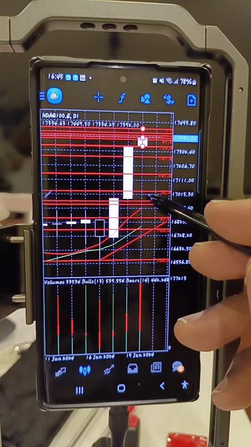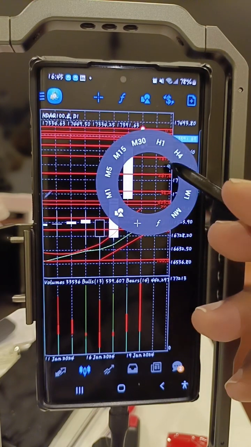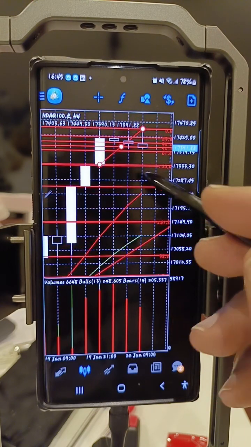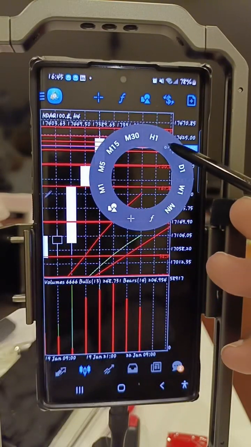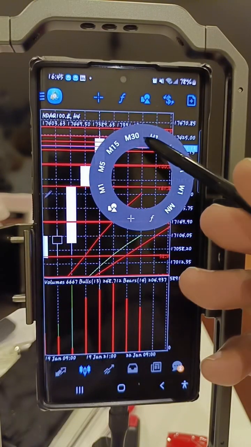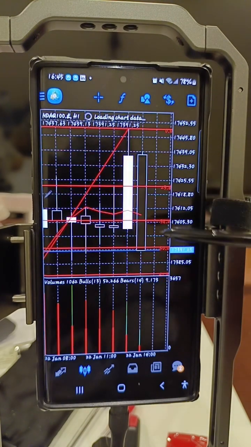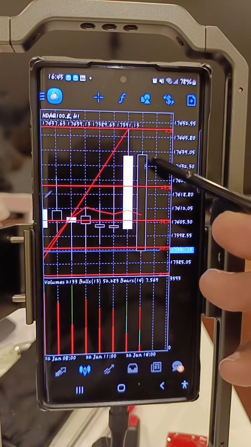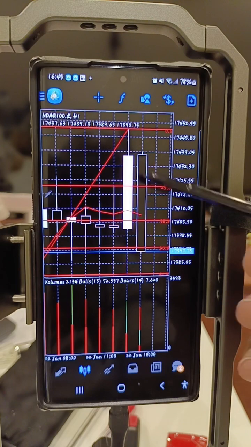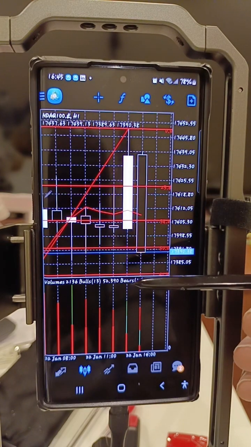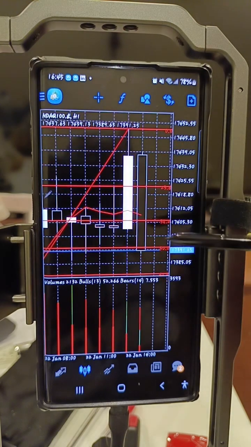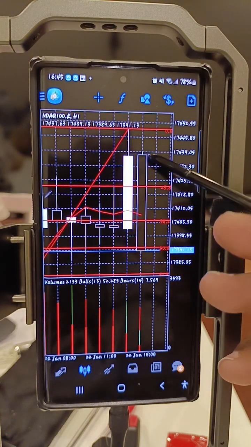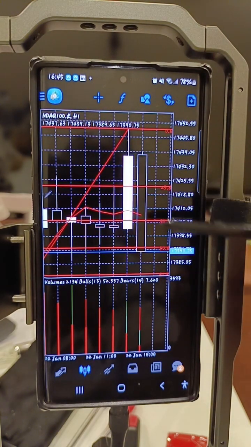And when it comes to the Fibonacci, okay, it's a nice pullback on the 1 hour.